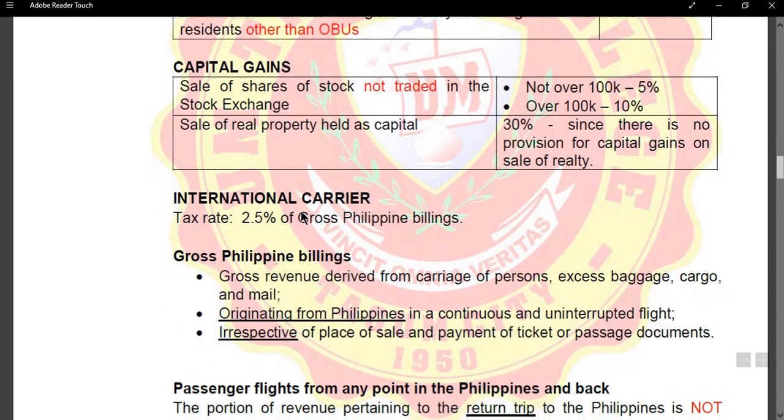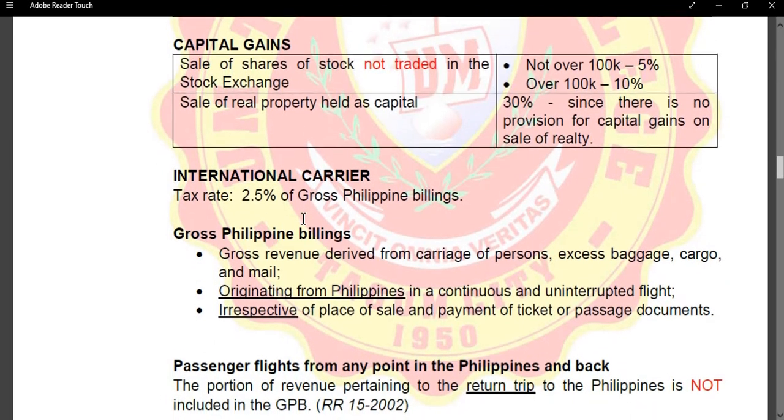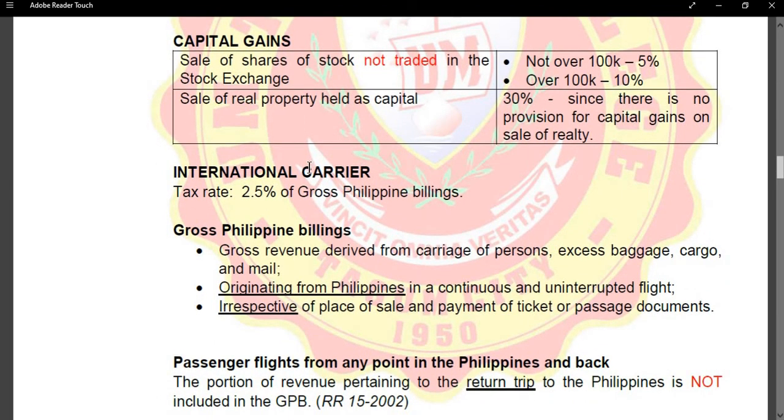For gross, applicable tax rate niya is 2.5% of gross Philippine billings. So ano ba si gross Philippine billings? Against international carrier, ito yung international shipping and air carrier. So planes, mga barko, ayan. So, the 2.5% tax is based on the gross Philippine billings.